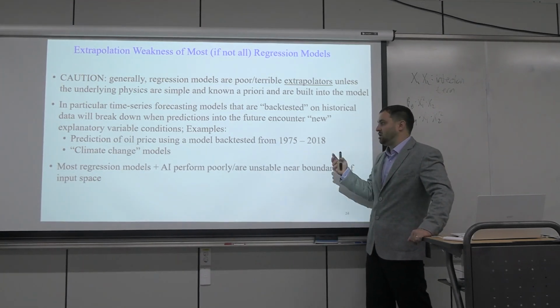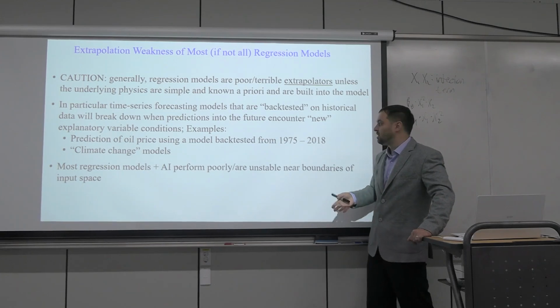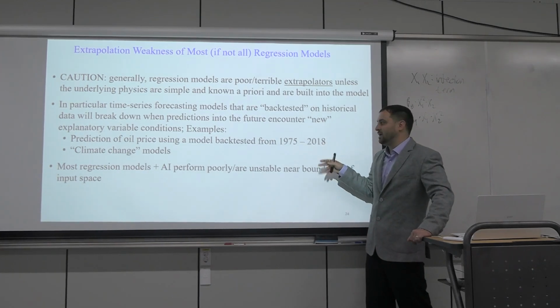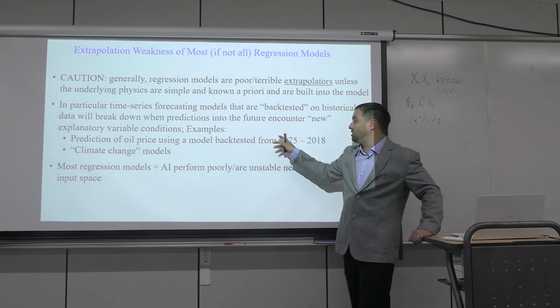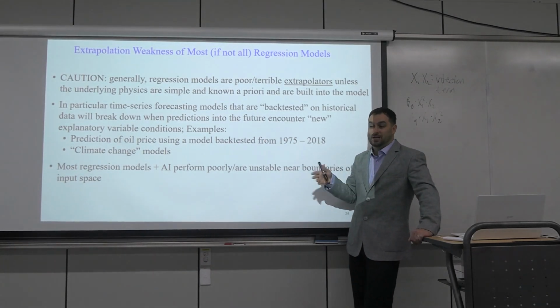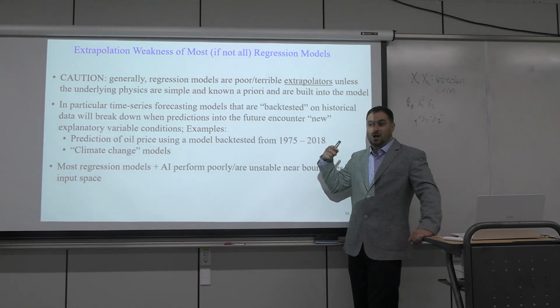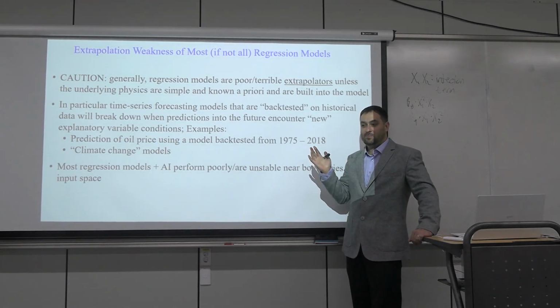So there are still huge disruptions going on currently in the oil market, the world energy market. A model developed by regression on historical data in this range is probably not going to be able to predict coronavirus, the war in Ukraine, all sorts of technology changes.